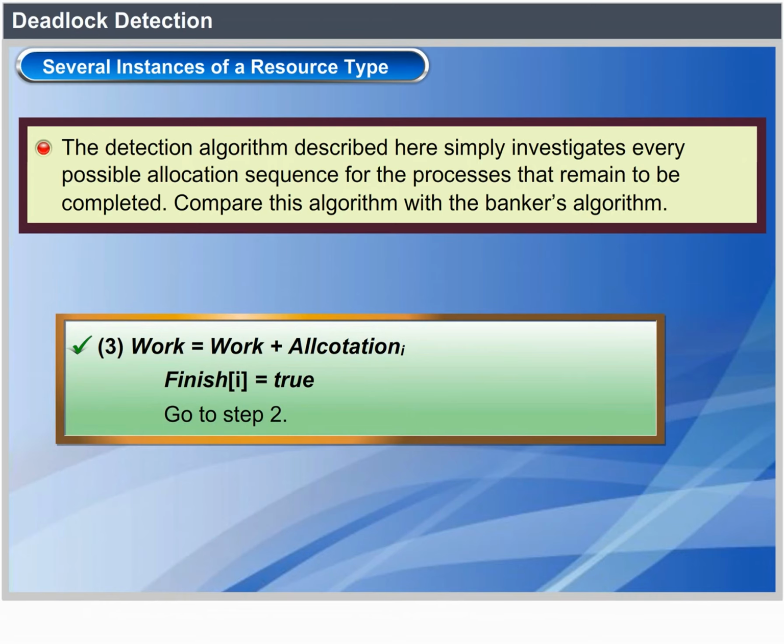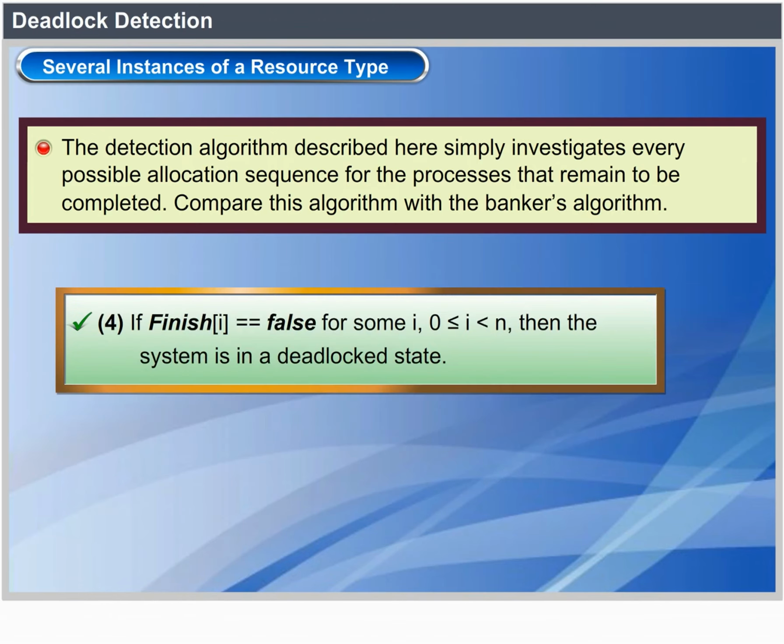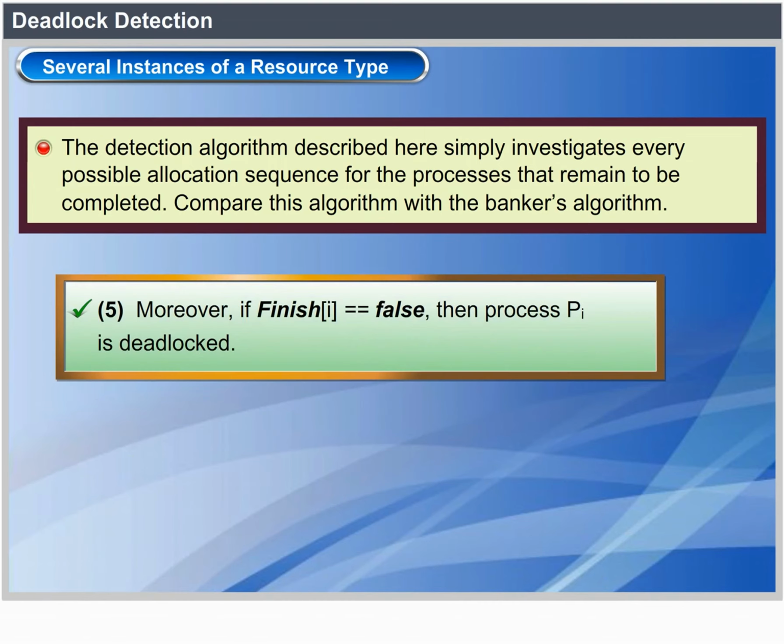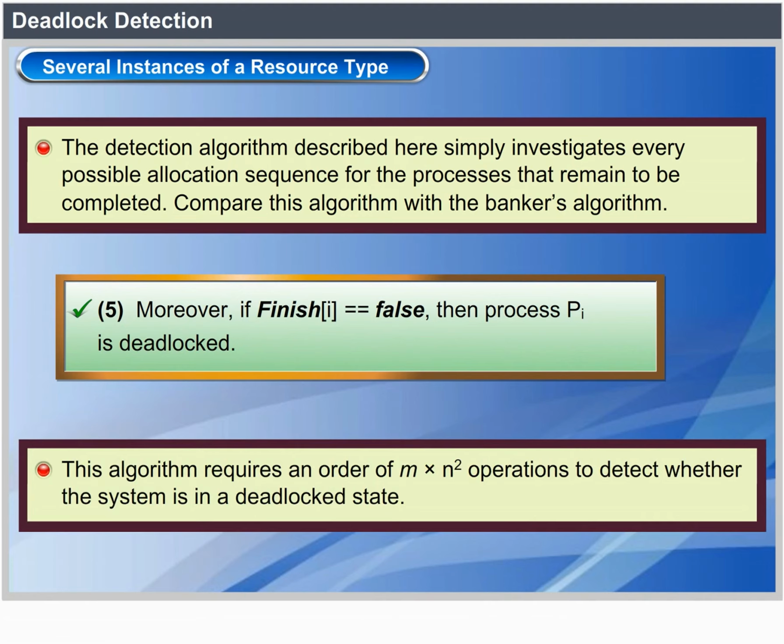Step 4: If Finish[i] equals false for some i, where 0 is less than or equal to i, which is less than n, then the system is in a deadlocked state. Moreover, if Finish[i] equals false, then process Pi is deadlocked. This algorithm requires an order of m times n^2 operations to detect whether the system is in a deadlocked state.